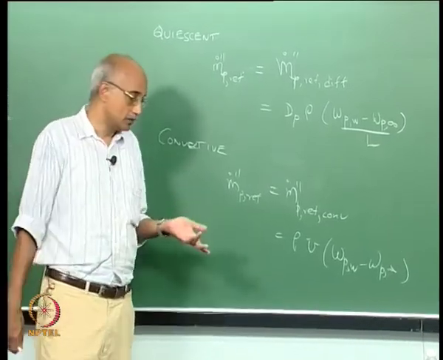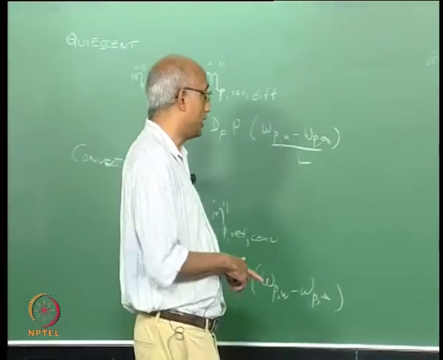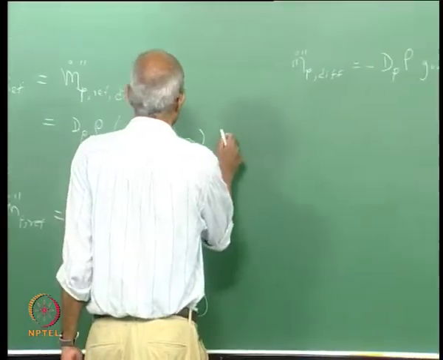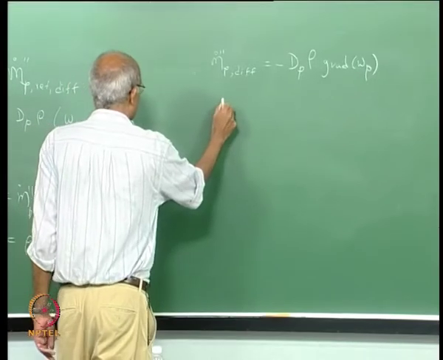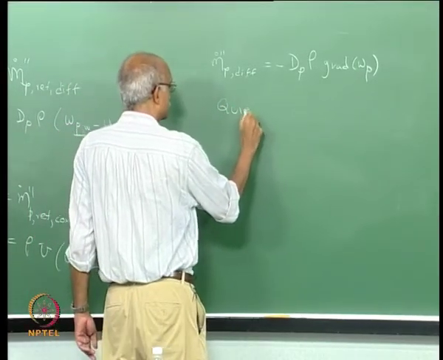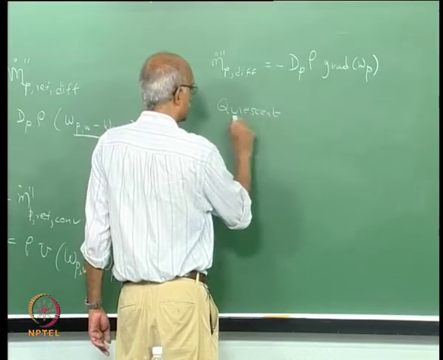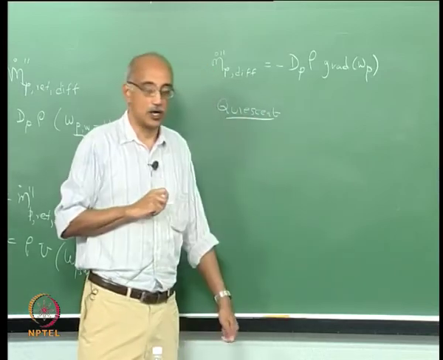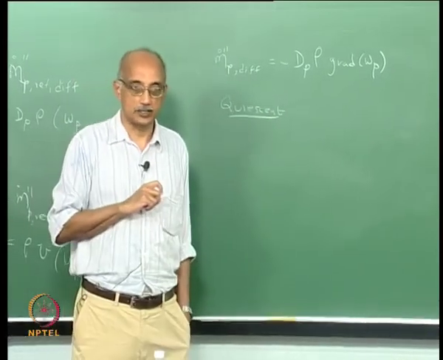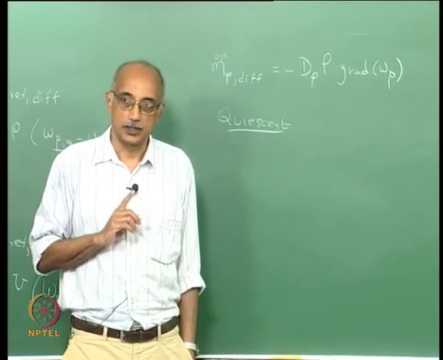And the resulting non-dimensional parameters that you obtain are what? In the case of quiescent flow, what is the non-dimensional parameter that represents mass flux? Nusselt number.